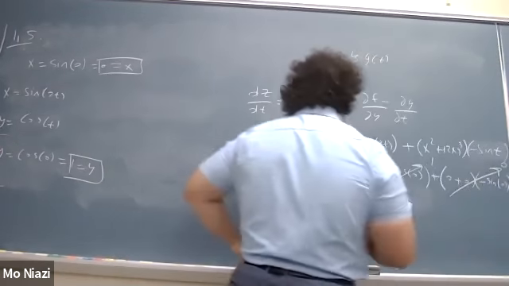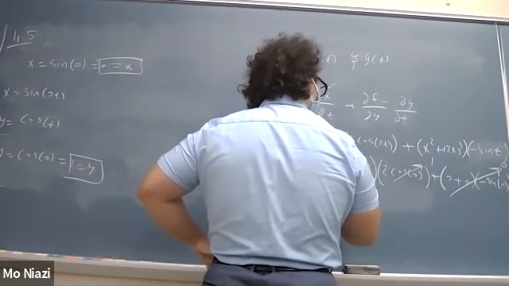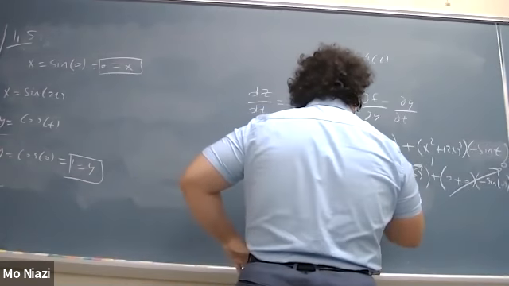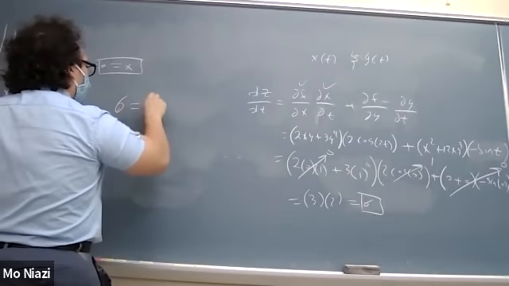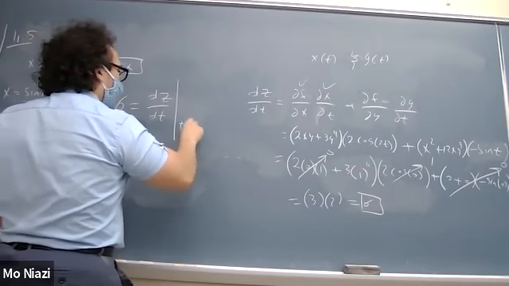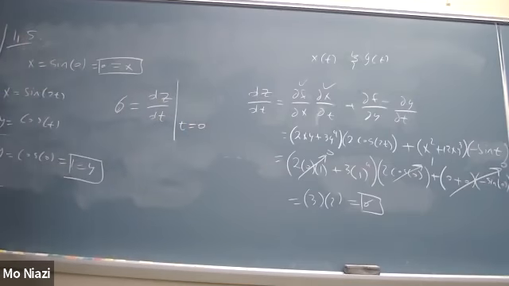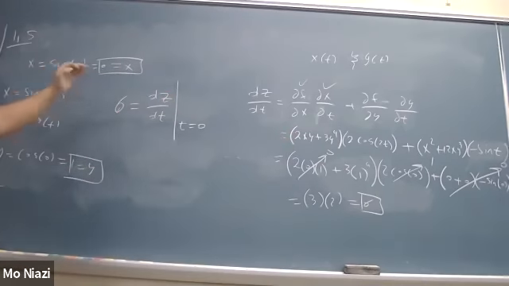This becomes a 1. This becomes a 0. So this reduces to 3 times 2, which is 6. So 6 is equal to dz/dt such that t is equal to 0. If we set t equal to some other constant, we start from here, replace what x and y equal, and then replace t values and then compute.